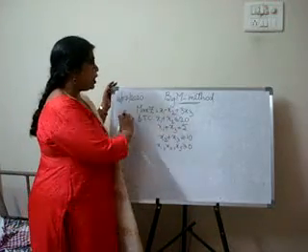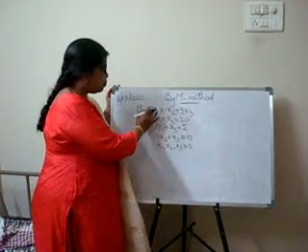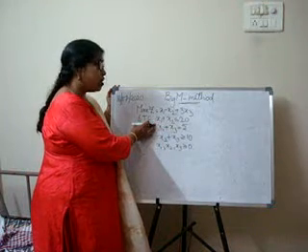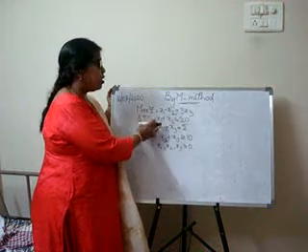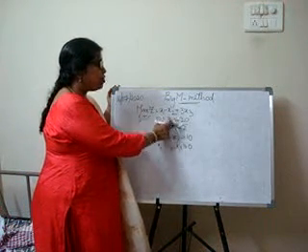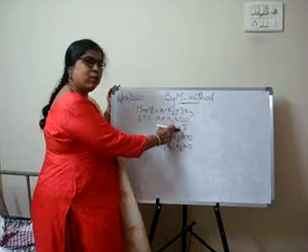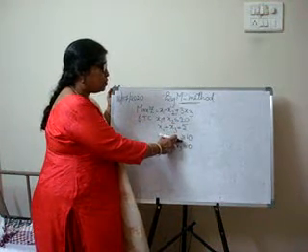Now we have an LPP with the objective function and constraints. In the constraints, we have all varieties of inequality: less than or equal to and greater than or equal to.